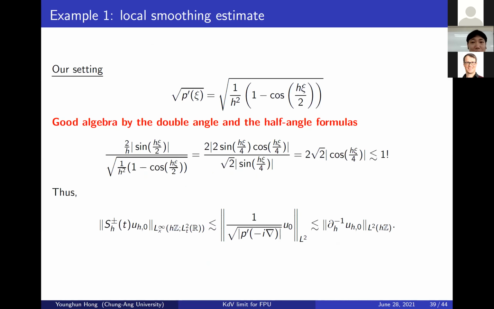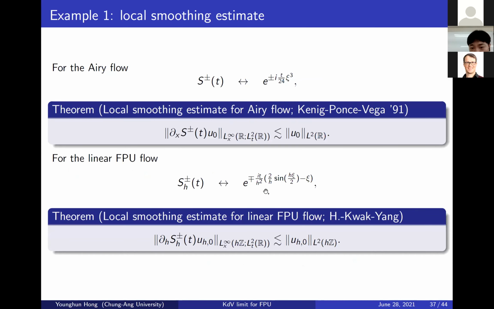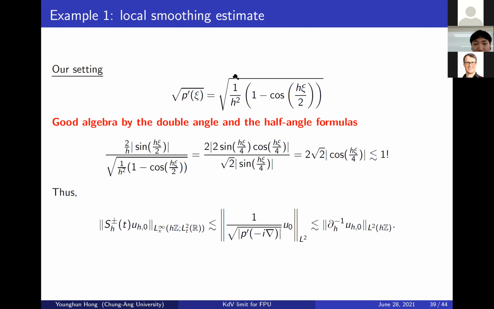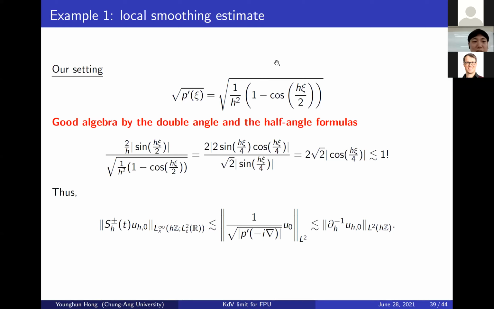But in our setting, our P is given by this guy, and our P prime can be written in this way explicitly. Fortunately, there is a very nice algebra for the trigonometric functions. We can compare this P prime with this guy, which is the multiplier for the derivative.